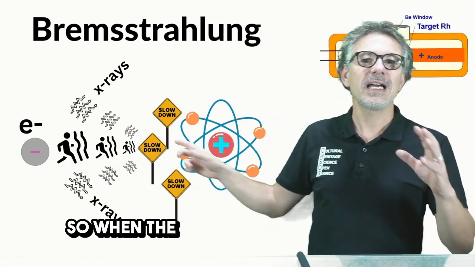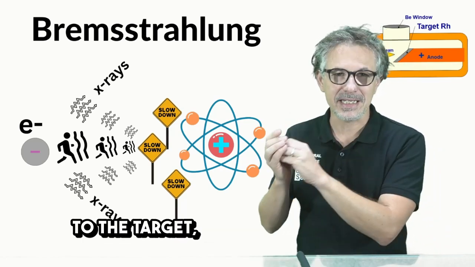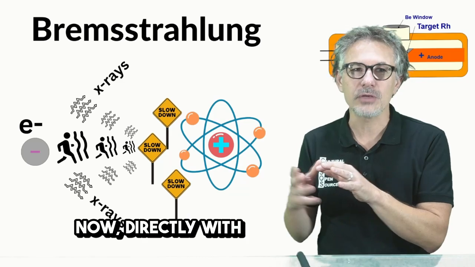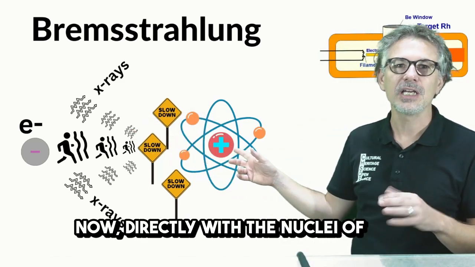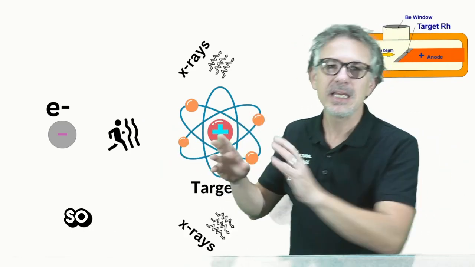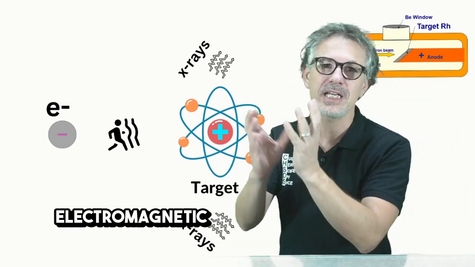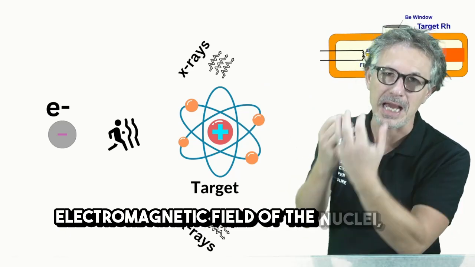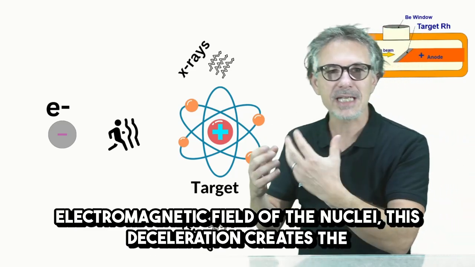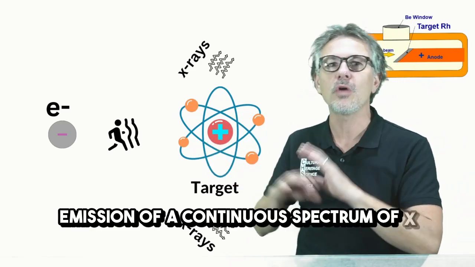When the electrons are very close to the target, they start to interact directly with the nuclei of the target. These electrons are decelerated. In this interaction of the electrons with the electromagnetic field of the nuclei, this deceleration creates the emission of a continuous spectrum of X-ray.